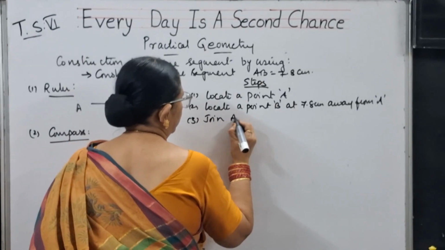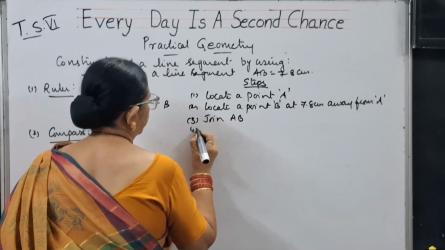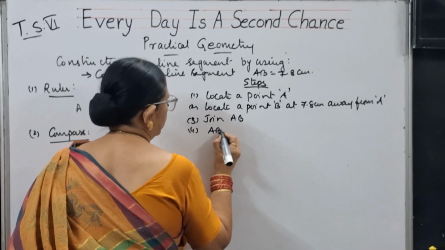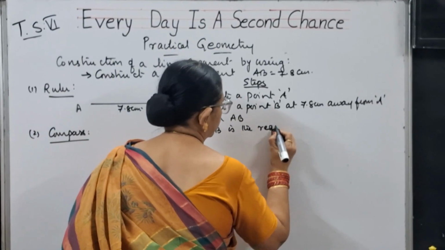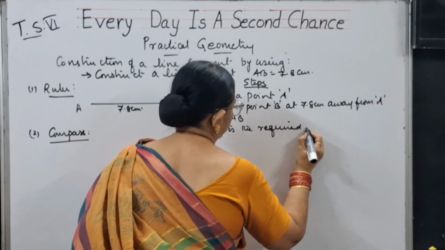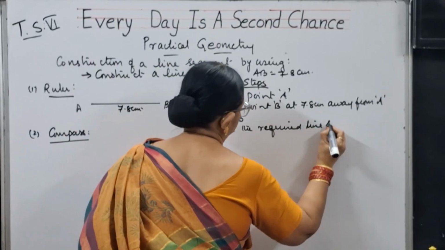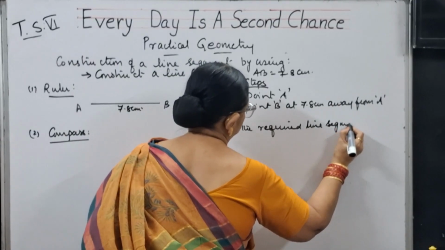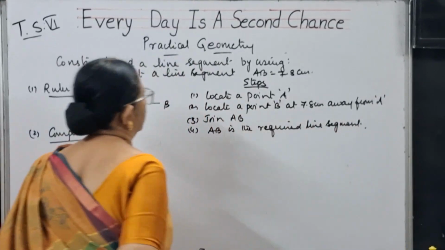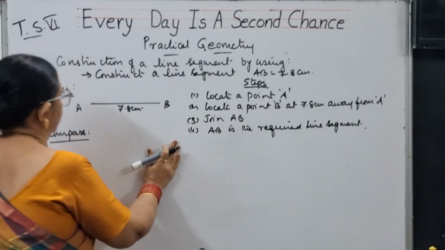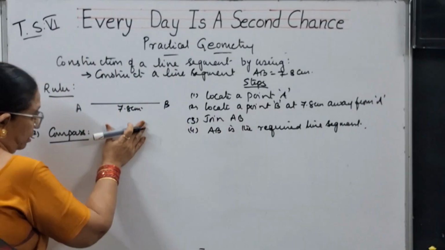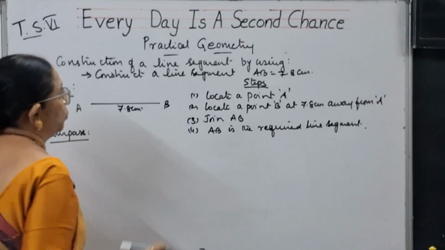Join AB. Fourth point, AB is the required line segment. So these are the steps that you will write when you are drawing a line segment by using a ruler.